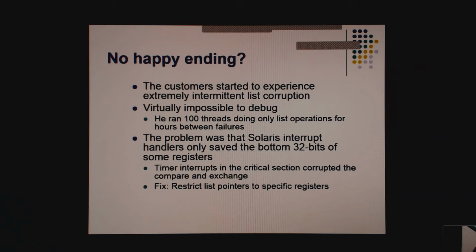But I load the proposed new value of the head, then I do the compare and exchange. So what if my proposed new value of the head got modified before I do the compare and exchange? Right, so the compare and exchange is an atomic operation, but the pre-work for it assumes that the registers maintain their values, right?